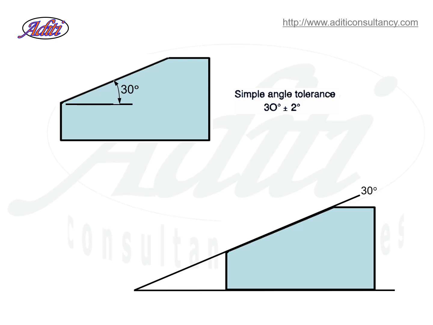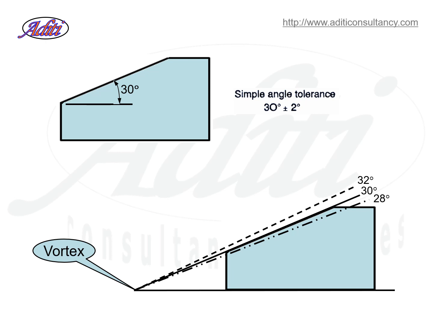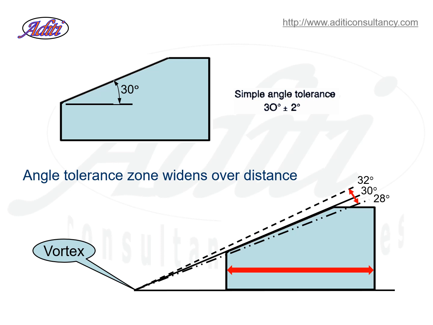If there is variation in that angle, that can be minimum 28 degree and maximum 32 degree. You see here, this angle is now measured with respect to this vertex. Now as this distance between these two surfaces increases, this tolerance zone also will keep on getting widened.